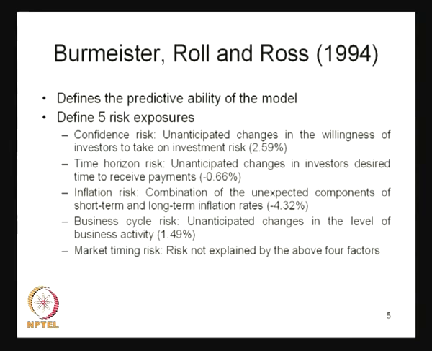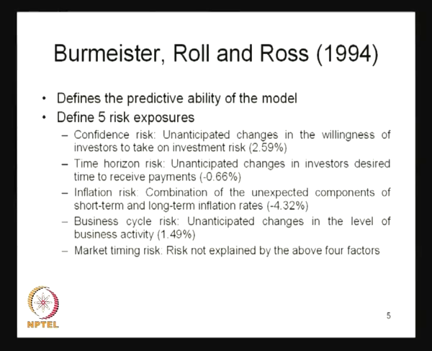Then another famous study was done by Barberis, Roll and Ross in 1994. In between, other people were also trying to explain those studies in various ways, but here Barberis, Roll and Ross were trying to explain their study, which basically talks about the predictive ability of the model.